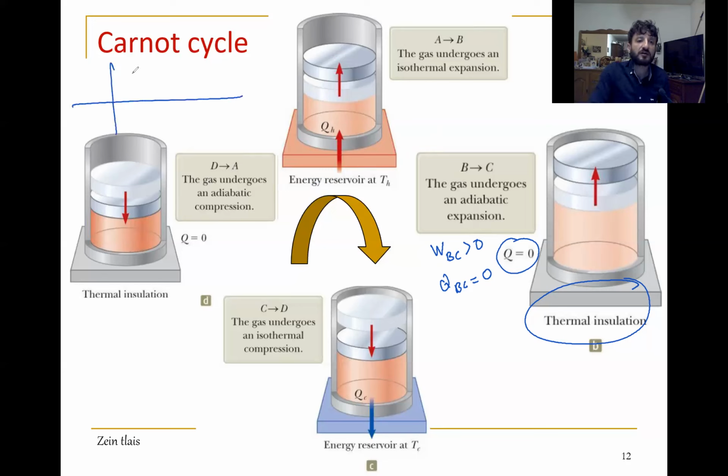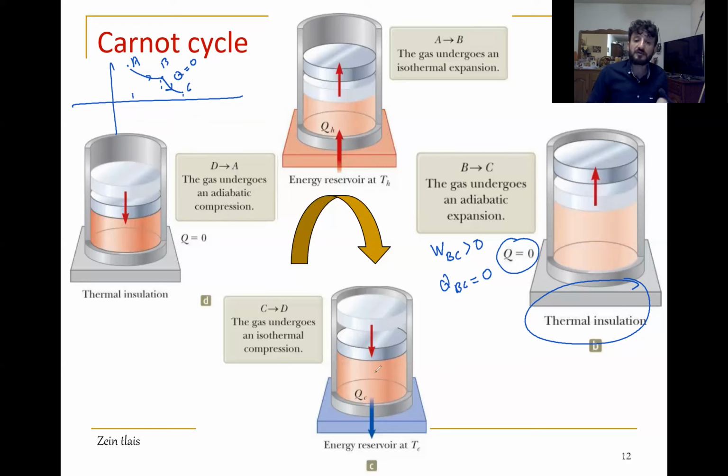So here we are at the point B, and from B to C, it's like this, where Q equals 0. Here we have VC, here we have VB, and here we have VA. Okay, we go to the third step.